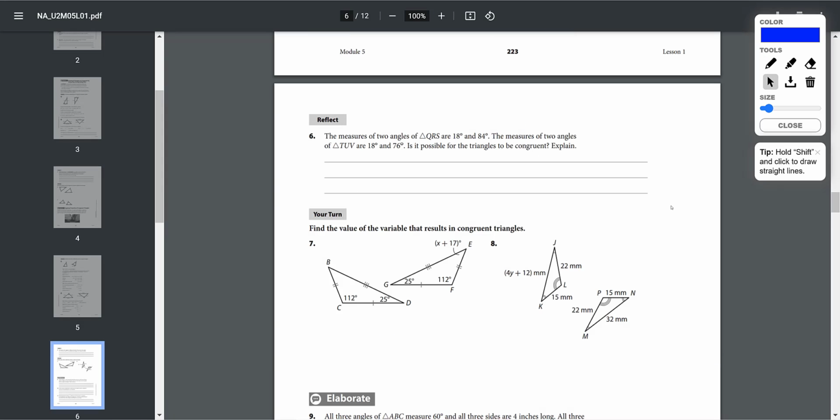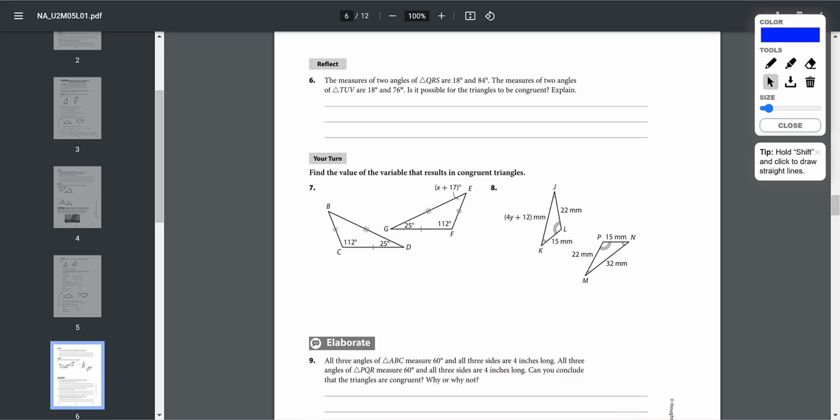So I want you to go to the next page, page 224, and do problem 7, and then press play, and I'll go over the answer, and then I will pause and give you some more time to do number 8. But pause this video, and I will work through number 7 here in about 5 seconds.